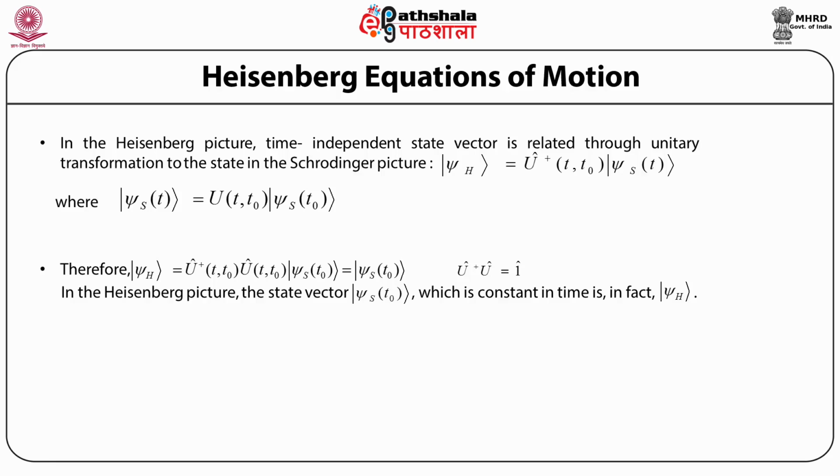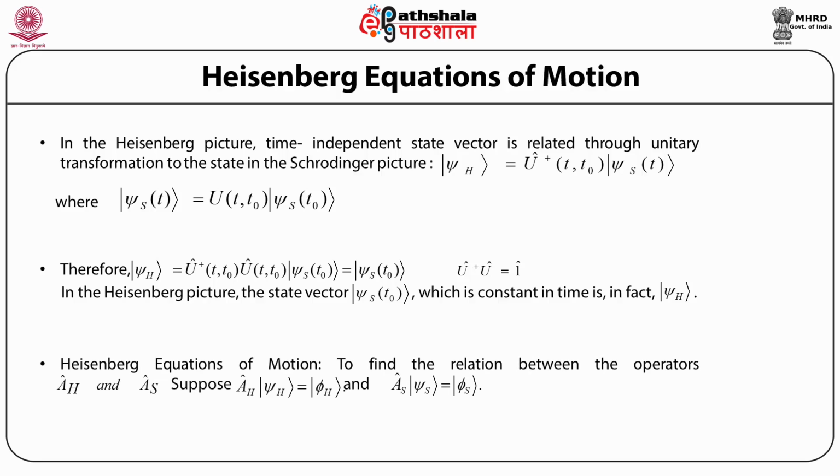Thus, in the Heisenberg picture, the state vector ψ_S(t0) of the Schrödinger formalism, which is a constant in time, is equal to the ket vector ψ_H. Thus, the Heisenberg equations of motion can be derived from this formalism that we have just discussed.